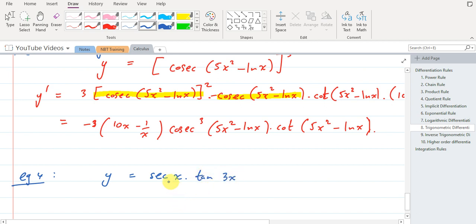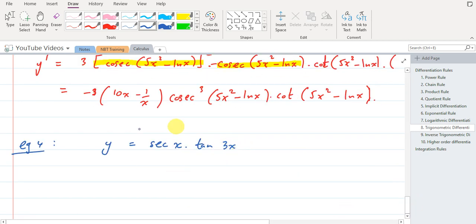You can't take this as just sec tan, so we're going to apply the product rule. y prime is equal to the derivative of sec x, which is sec x tan x, and I'll leave the tan 3x as it is, plus... if you don't know how to do product rule, make sure to check the link in the description box to take you back to product rule.